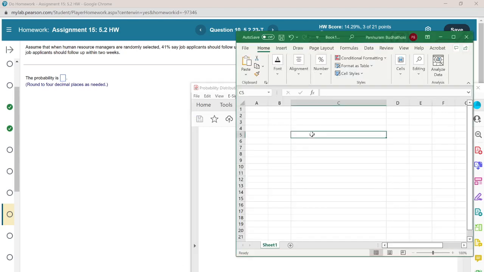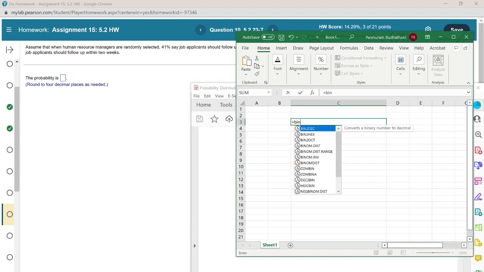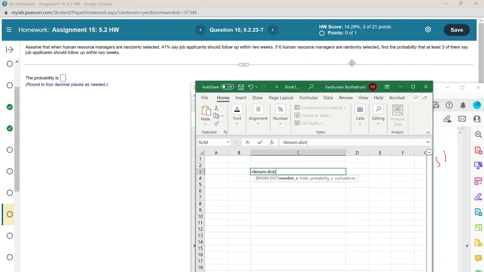One is when you go to Excel and hit the equal sign and binomial distribution, it asks for the number of trials we are looking for. In this case, we are looking for at least 3 of them saying job applicants should follow up within 2 weeks.